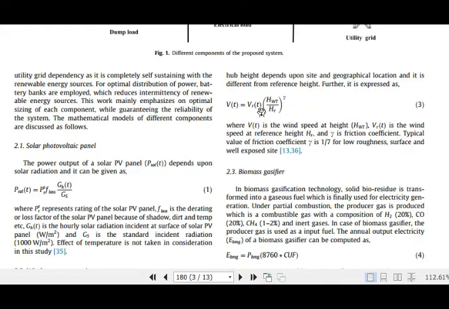That gamma is 1/7. This is basically the conversion of the available velocity at a specific height if the hub height of the wind turbine is different. So you will use this equation to convert your given wind data to that specific height.